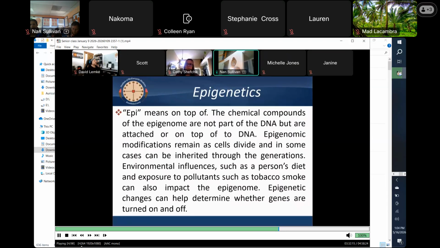Environmental influences such as the person's diet and exposure to pollutants such as tobacco smoke, which we've been talking about, can also impact the epigenome. Epigenetic changes can help determine whether genes are turned on or turned off.